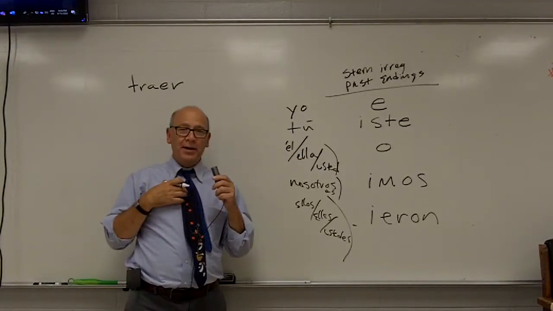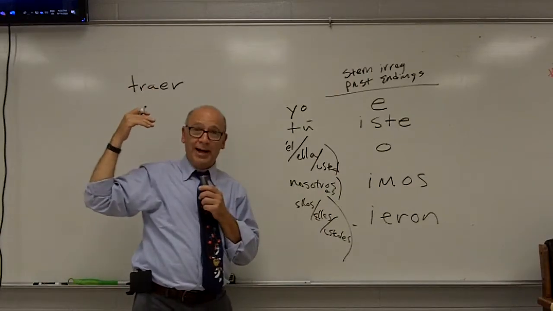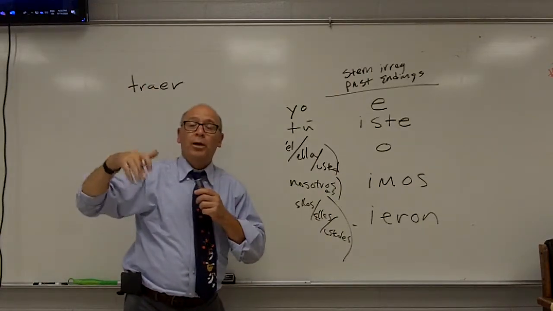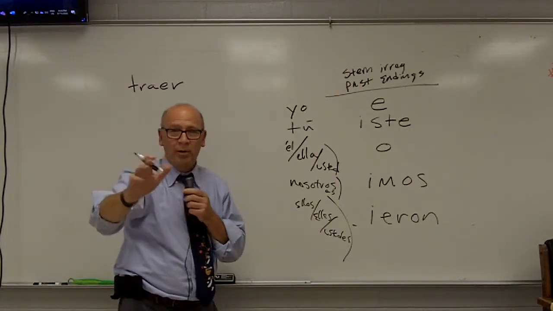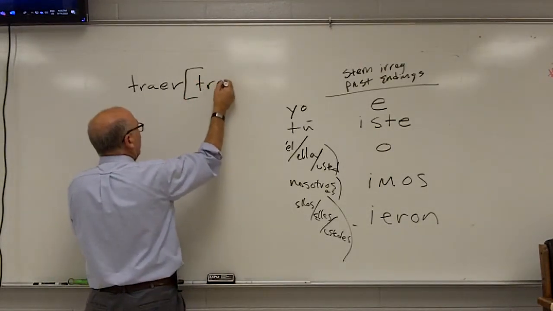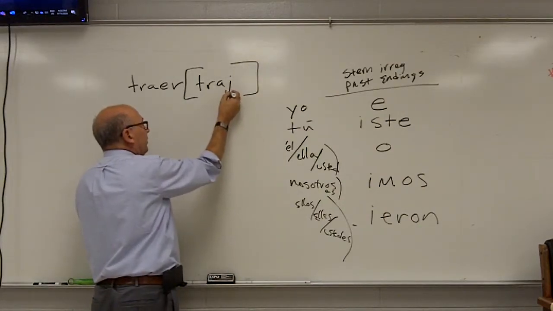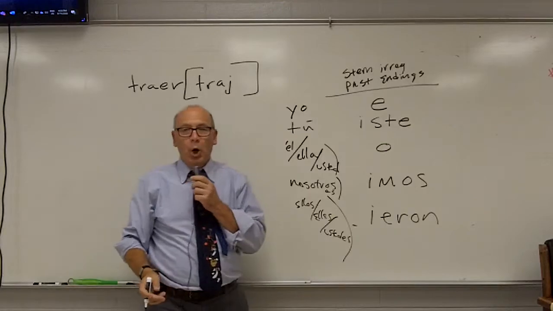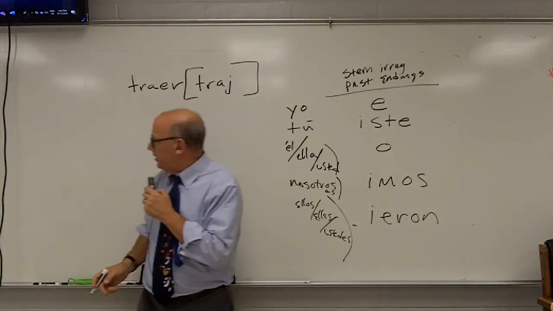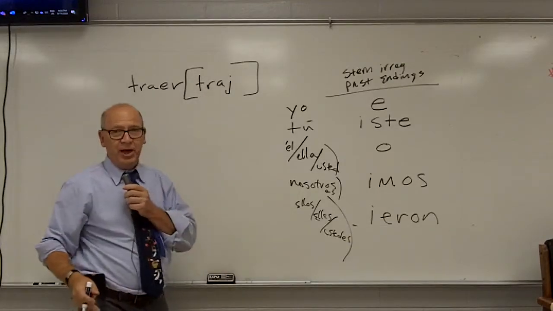We brought hot dogs to the picnic. Yeah, yesterday we brought hot dogs to the picnic. So we're going to say we brought. Now the stem for traer is T-R-A-J. All right, we know that that's the stem.